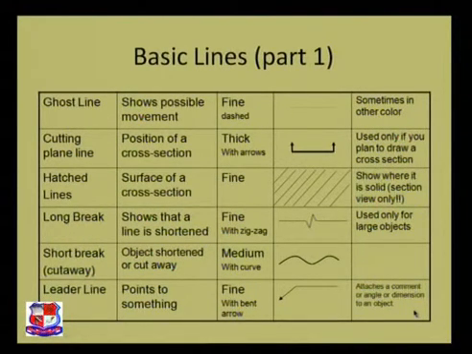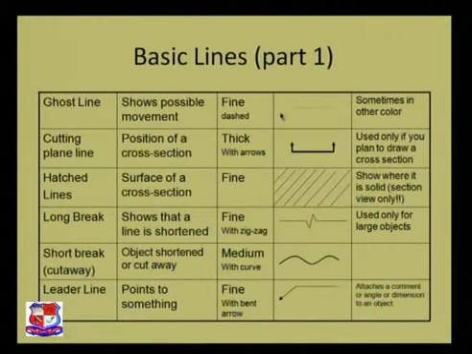Another one would be the ghost line. It shows the possible movement. If I want to extend any line, let's say I want to extend this marker to this point, so it is my future scope. In future I may extend the length of this marker up to my fingers' level, right?